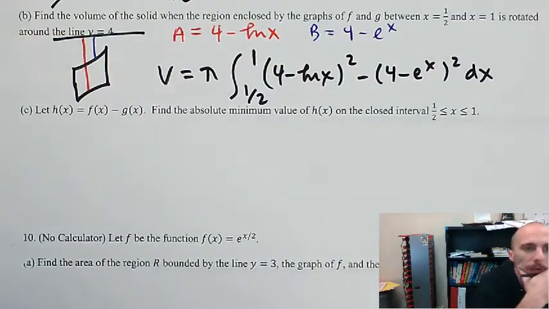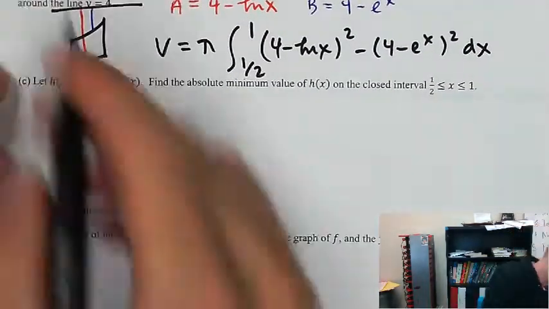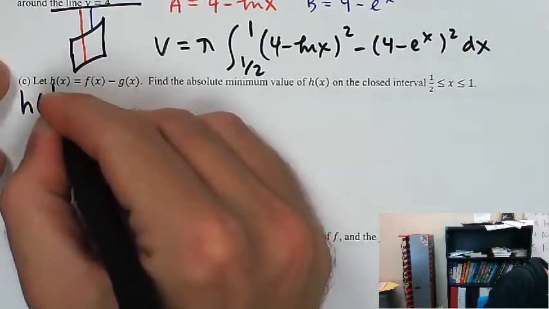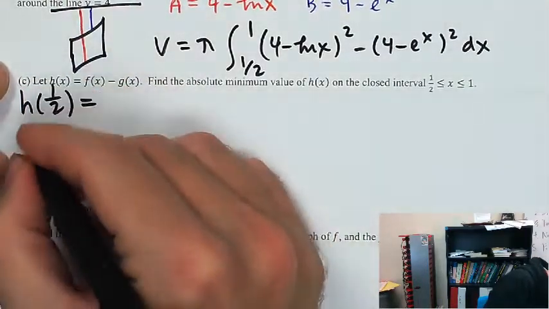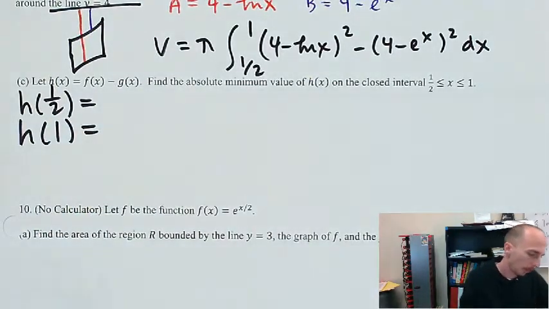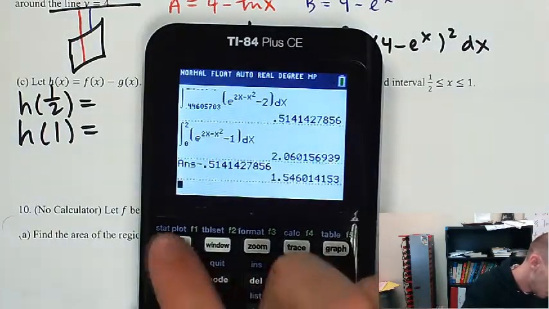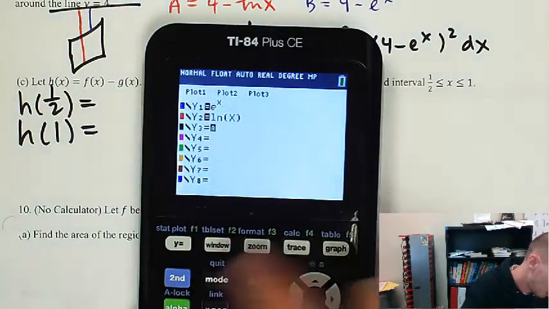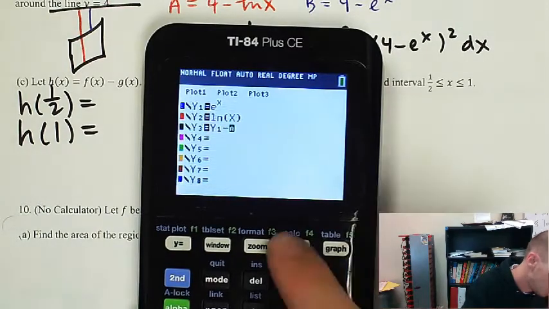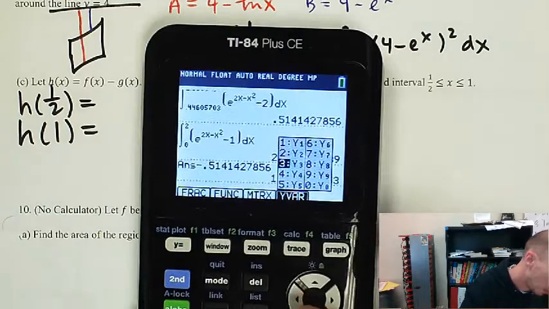Let h equal f minus g. Find the absolute minimum value of h on the closed interval 1/2 to 1. Cool. All right, well, we're going to find h of 1/2 and h of 1. I might call this one y1 minus y2, and then I'm going to plug into y3.